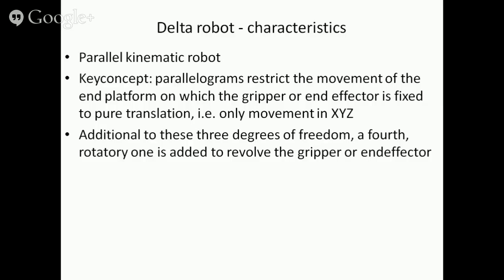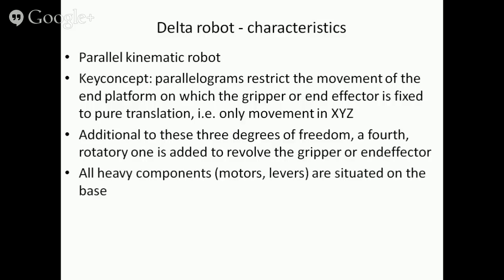Additional to these 3 degrees of freedom, a fourth one, a rotary one, is added to the gripper or end effector. All heavy components, such as motors, levers, etc., are situated on the base, which is on top.